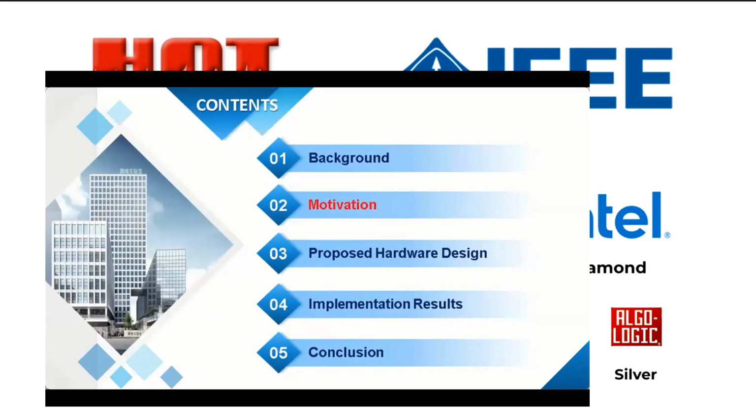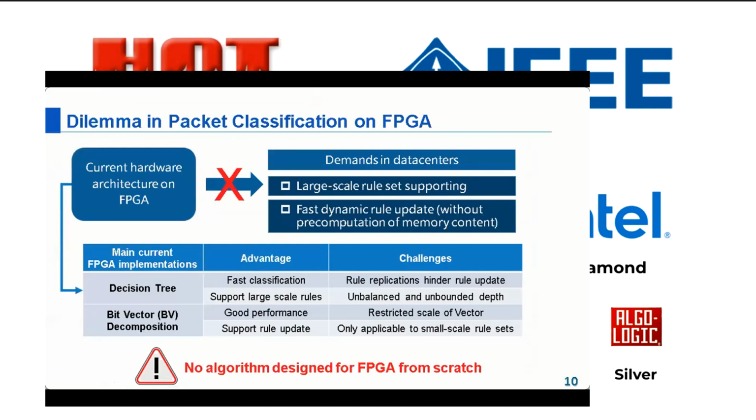Next is the motivation for this work. In the last 2 decades, FPGA has been increasingly researched as a favorable platform for packet classification. However, there is still no single hardware architecture that can meet the demands for PC in data center scenarios, especially the large-scale rule set supporting and faster dynamic rule update.